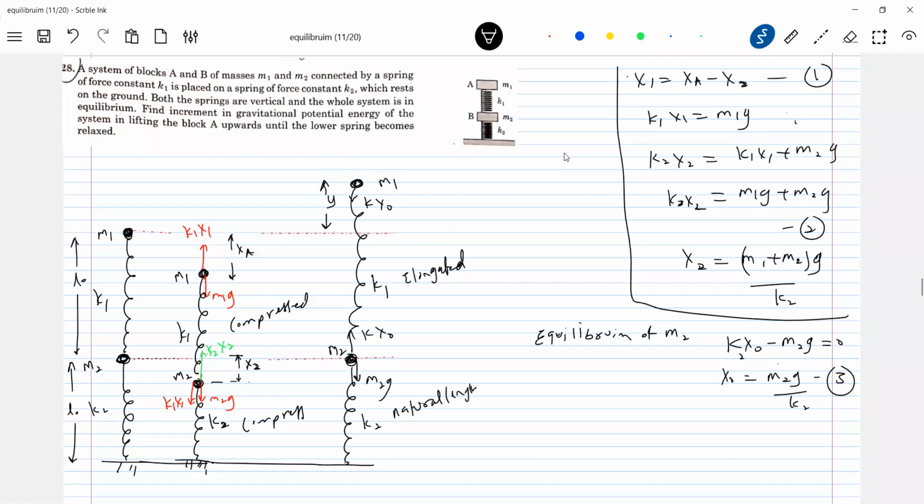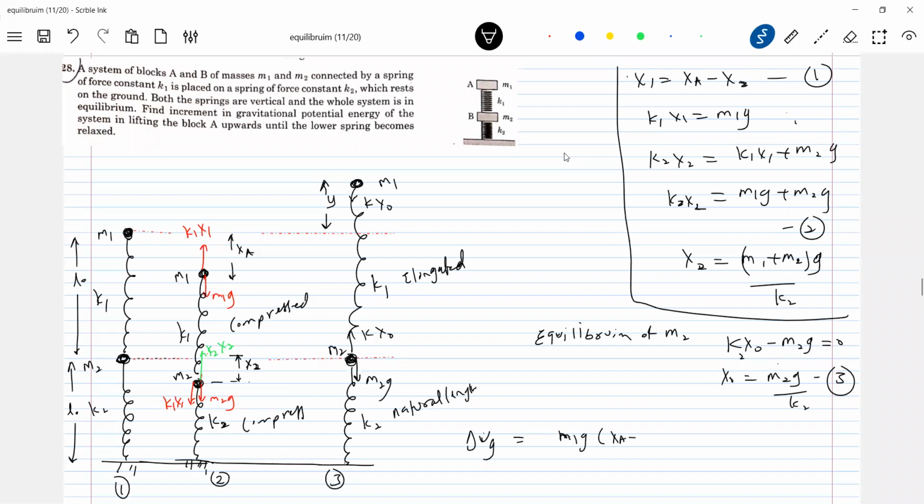Now let's see, can we calculate XA? XA is X1 plus X2. And do we have the X1 and X2 values? Yes, we know them. So the increase in gravitational potential energy, delta U. How much gravitational potential has increased from the second diagram to the third diagram? How much did block M1 get shifted?